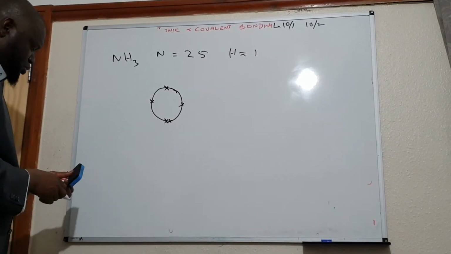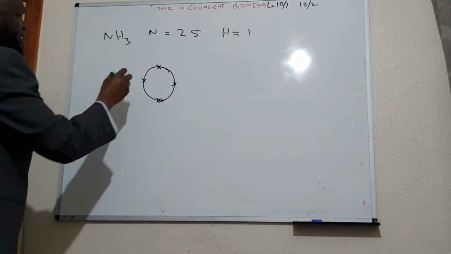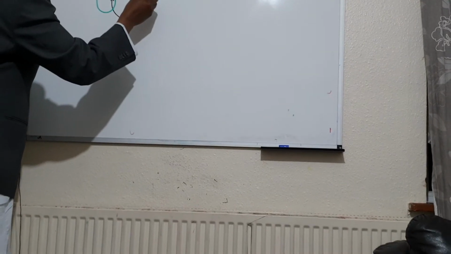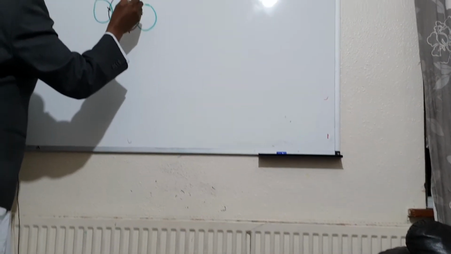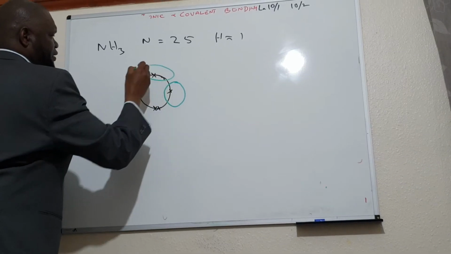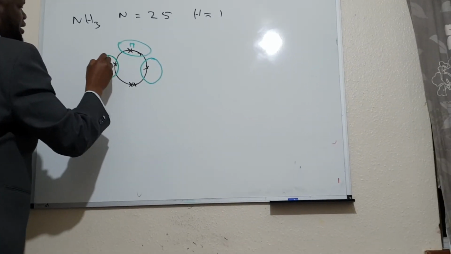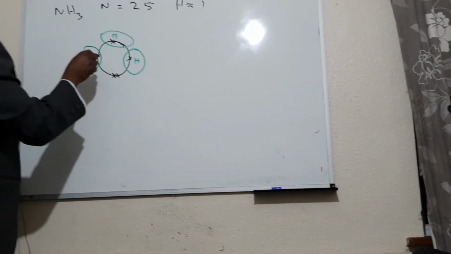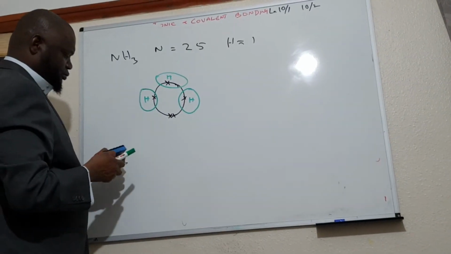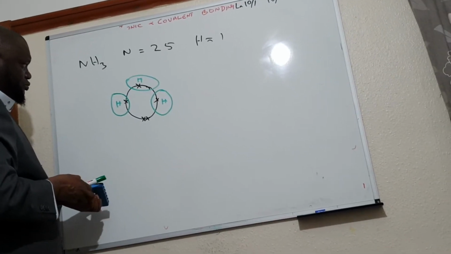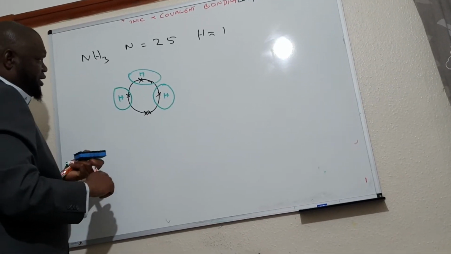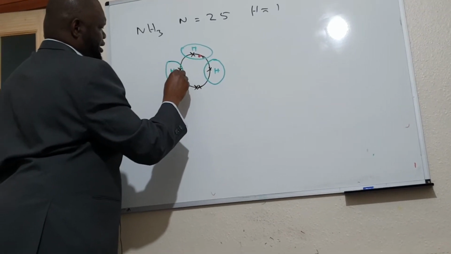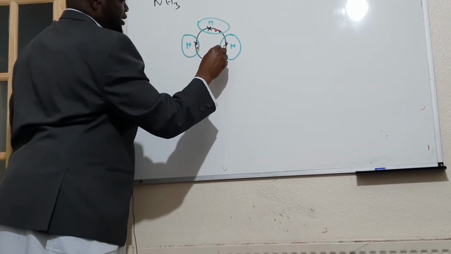So we will have 1 hydrogen here, 1 hydrogen here, and 1 hydrogen here. And all these hydrogen atoms have their own 1 electron, sharing.